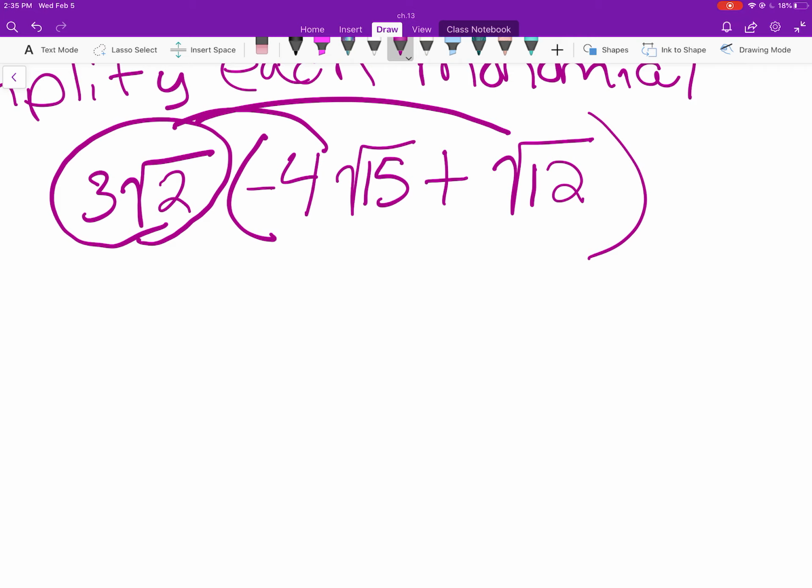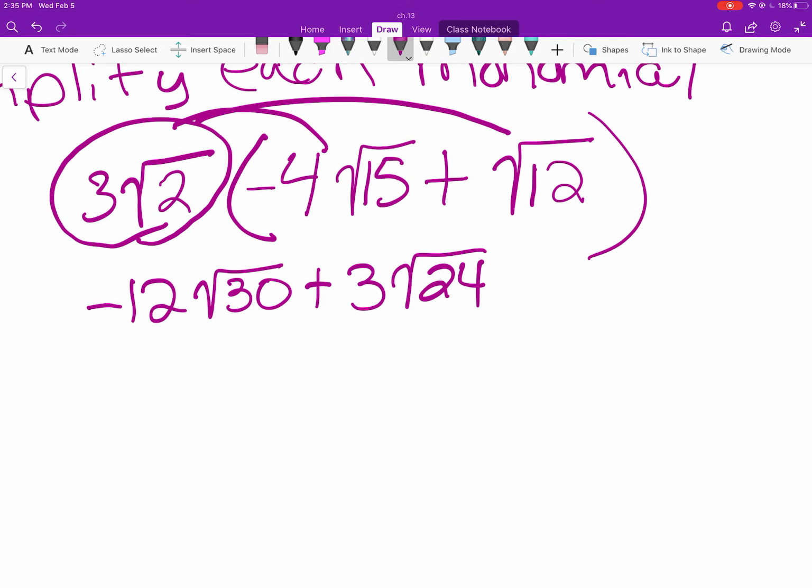So 3 times negative 4 is negative 12. And then the square root of 2 times the square root of 15 is the square root of 30. And then 3 times the outside of the square root of 12, it doesn't have anything, so it's like 1. So 3 times 1 would be positive 3. And the square root of 2 times the square root of 12 is the square root of 24.